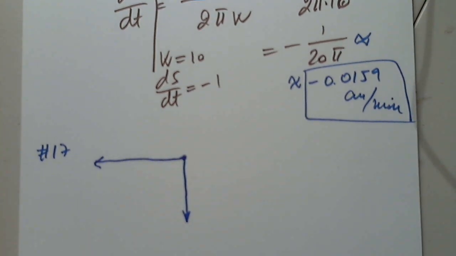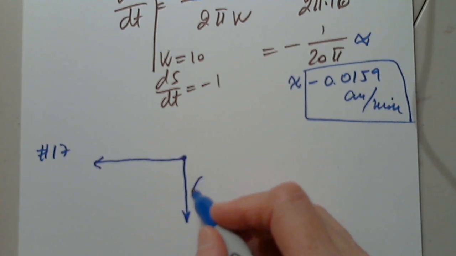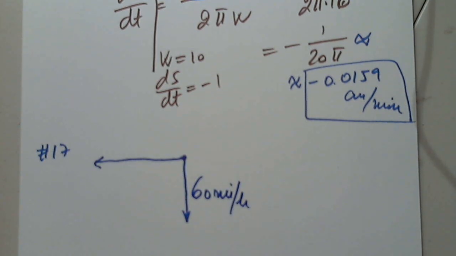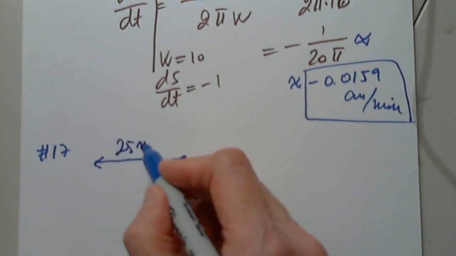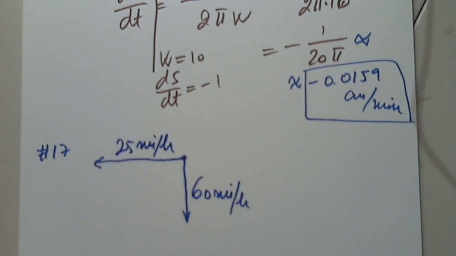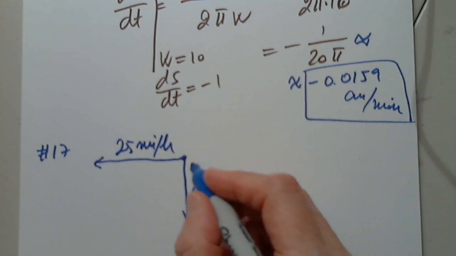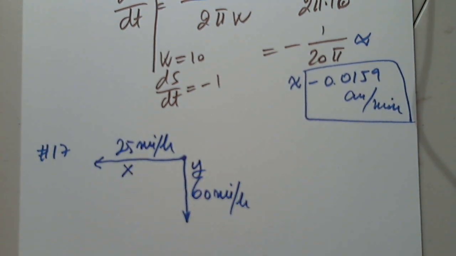Good. One travels south at 60 miles an hour. And the other one travels west at 25. Good. I'm going to denote this by Y. I'm going to denote this by X.